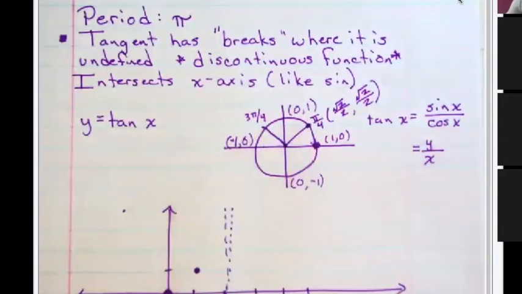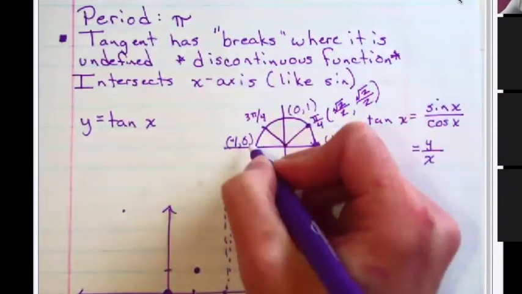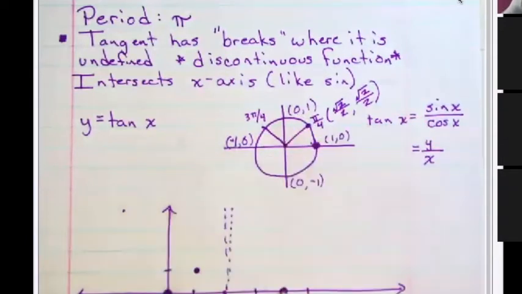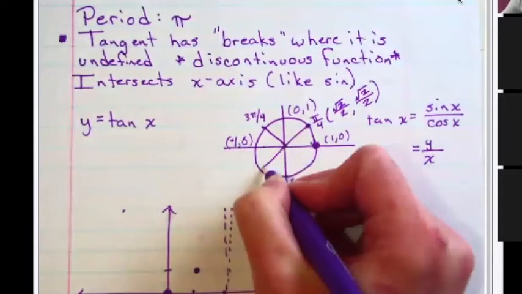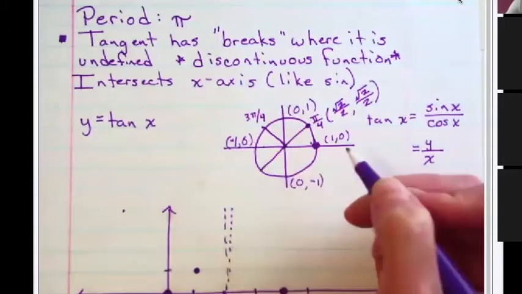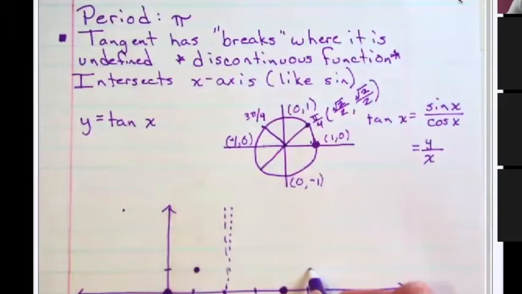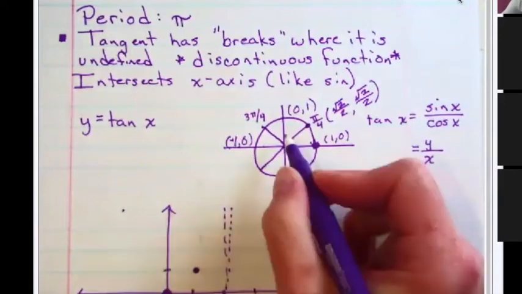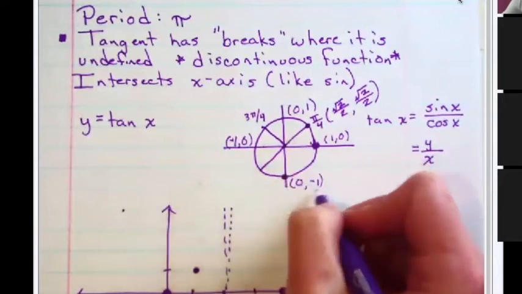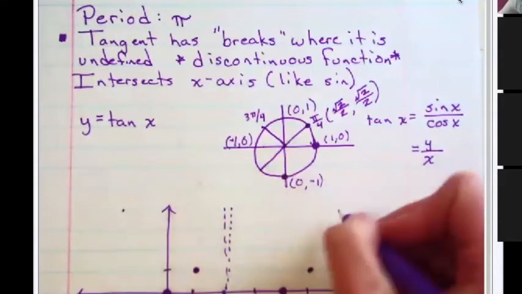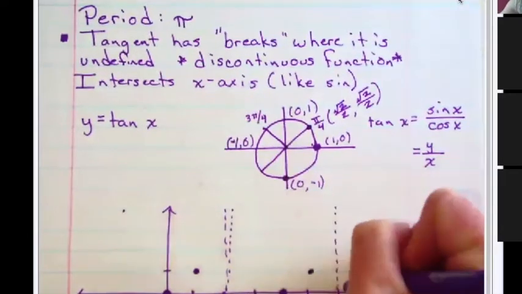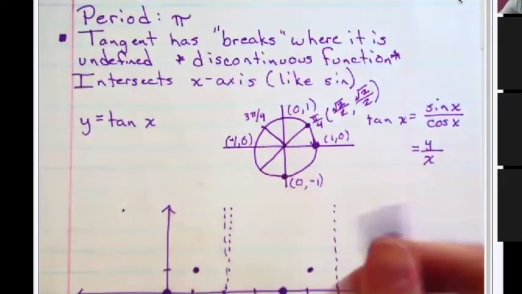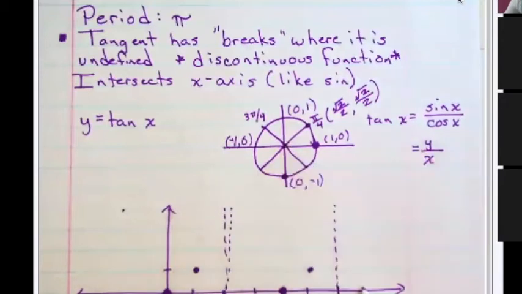So this value is going to be down here in negative 1. 0 over negative 1 is still 0. Negative root 2 over negative root 2 is 1. And if we go on down to 270 degrees, we end up with negative 1 over 0 again, and there is another asymptote. And then here we're going to have a negative 1.